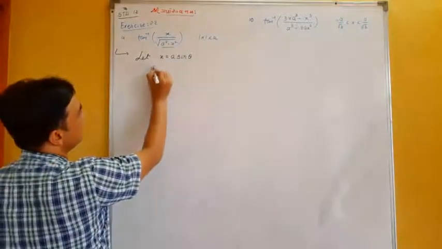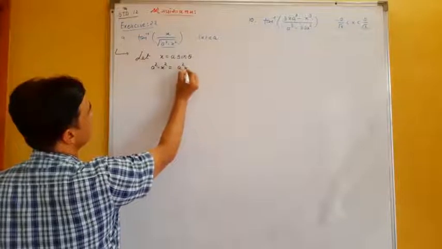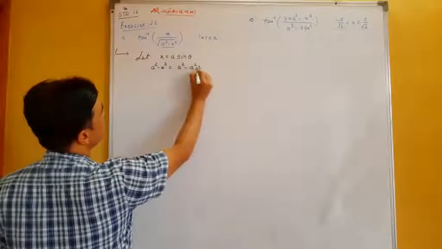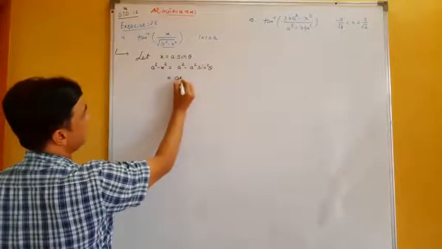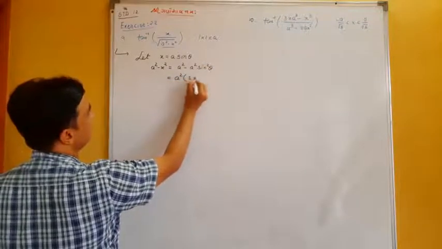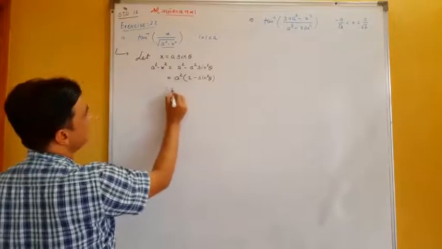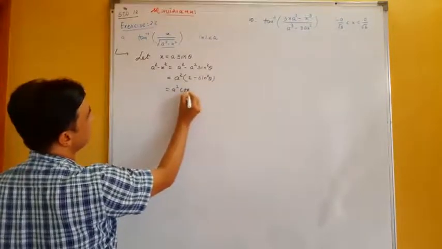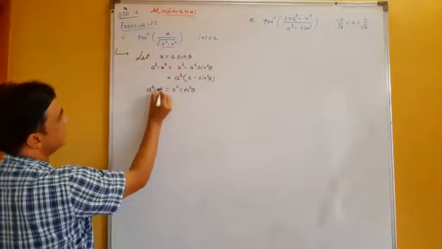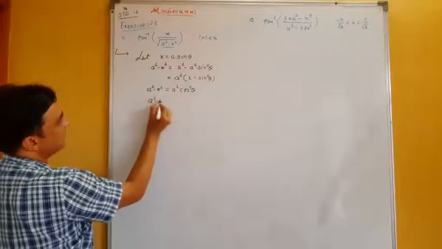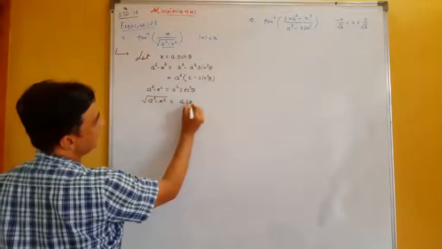Now a square minus x square is equal to a square minus a square sin square theta. Taking a square common, 1 minus sin square theta, a square cos square theta, and this is a square minus x square. And now under root a square minus x square is a cos theta.